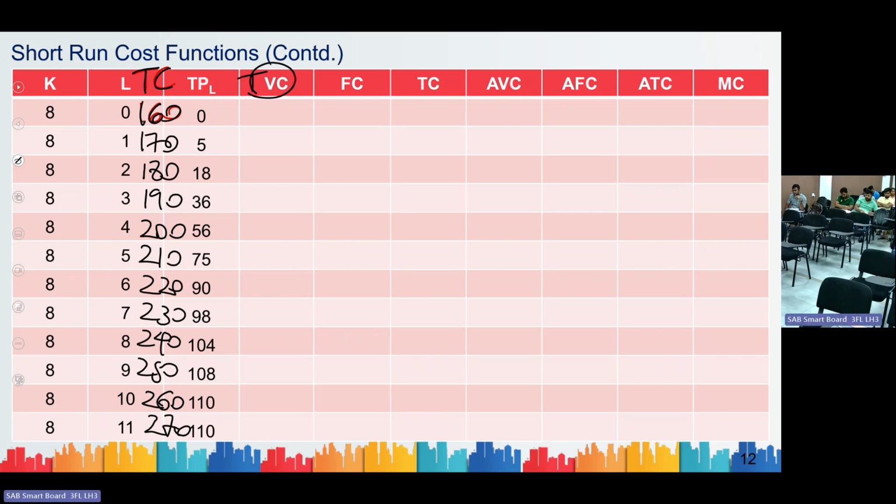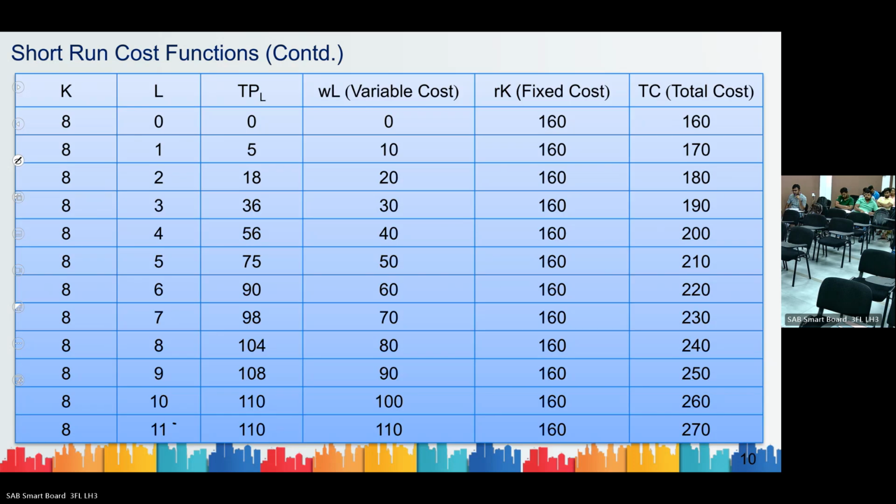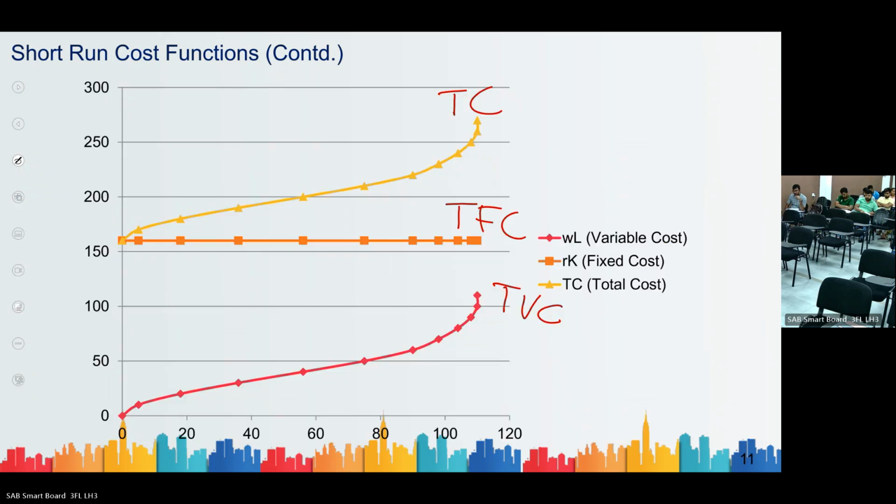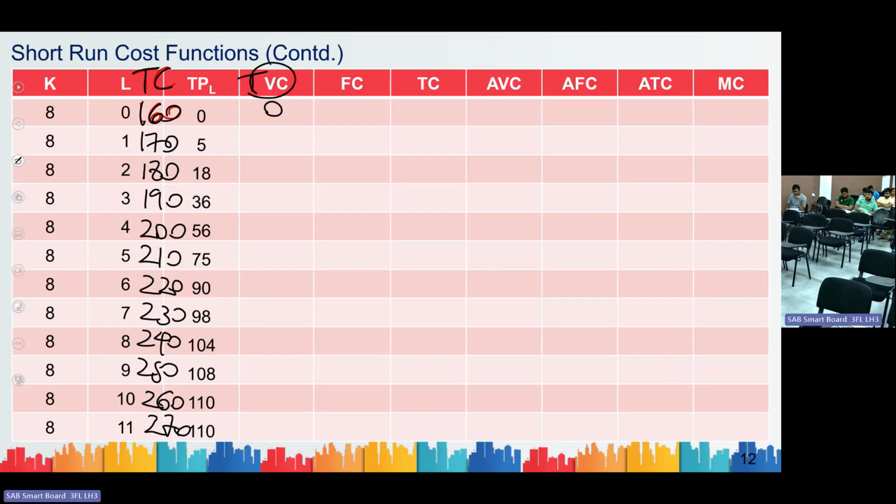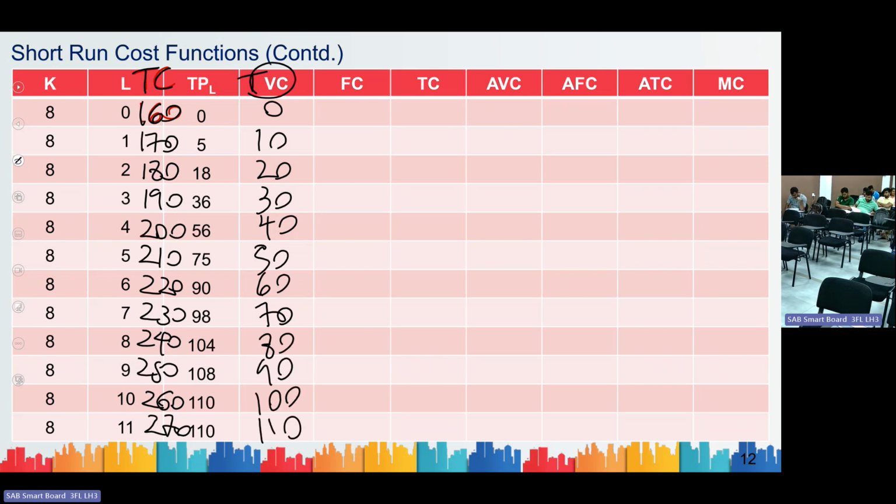We calculated this before, right? Zero to 100. 0, 10, 20, 30, 40, 50, 70, 80, 90, 100, 100. Total fixed cost was 160.